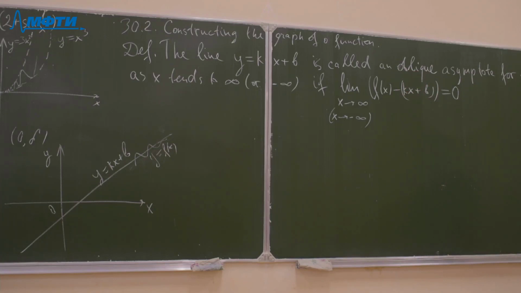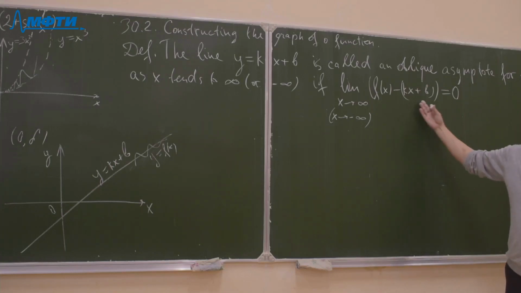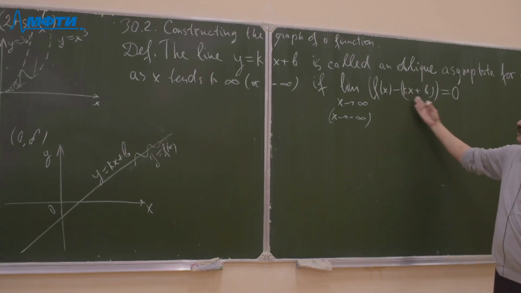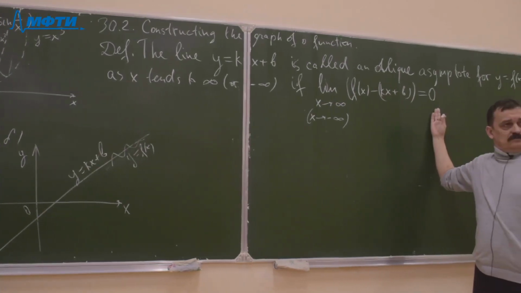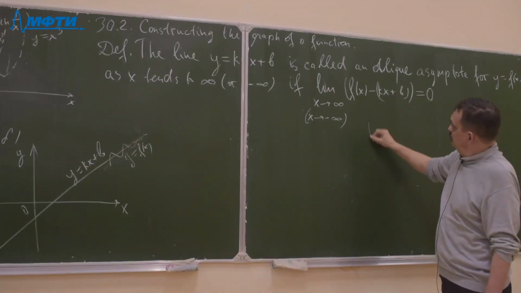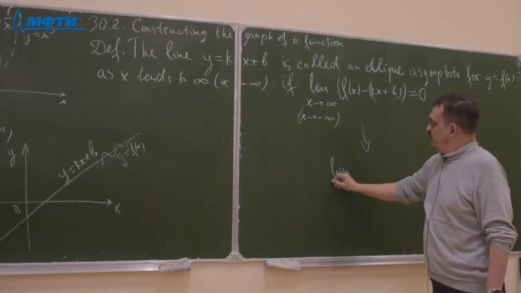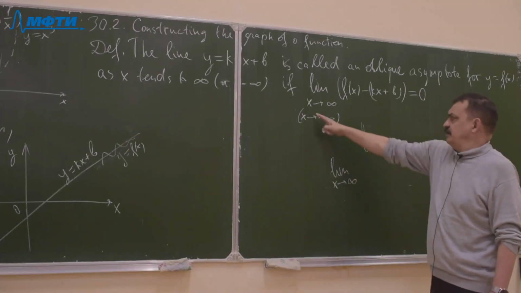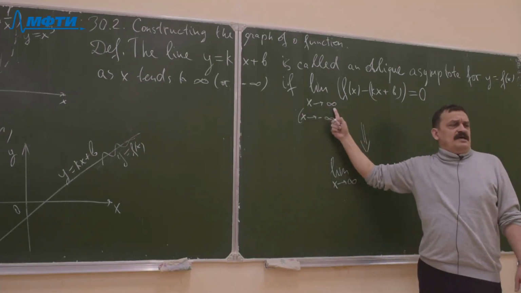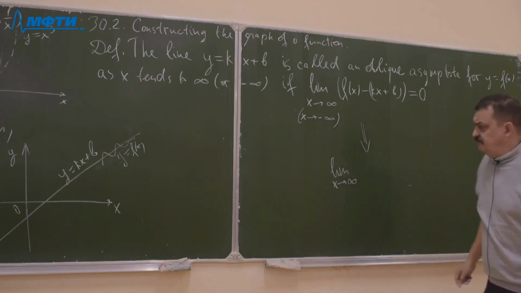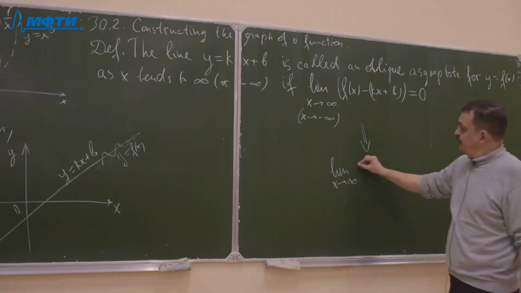So, first of all, if we have an oblique asymptote, then what can we do? We know the limit is 0. Then, look, what follows? I'll consider only the case x tends to plus infinity. x tends to minus infinity is quite analogous.